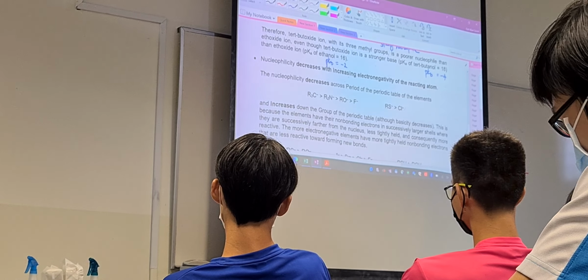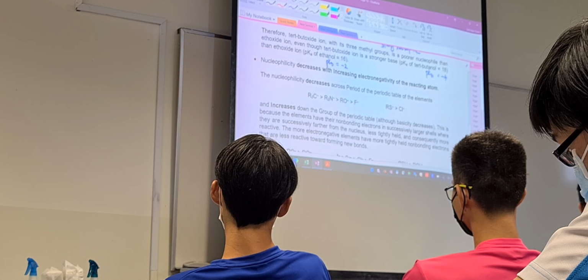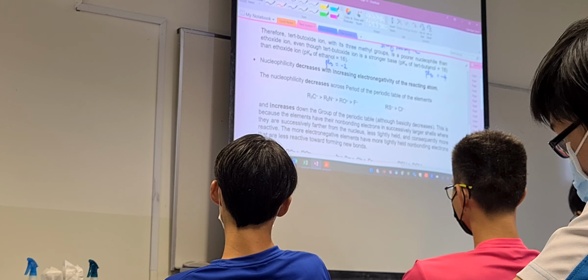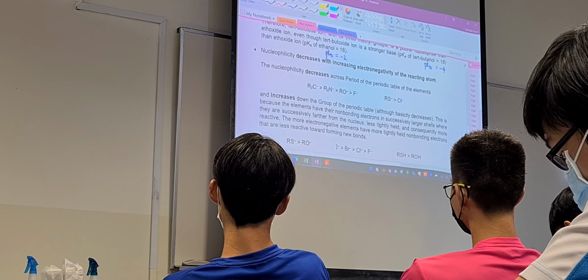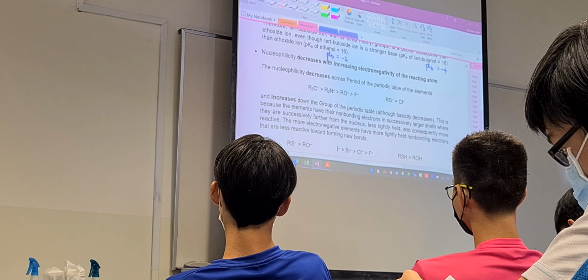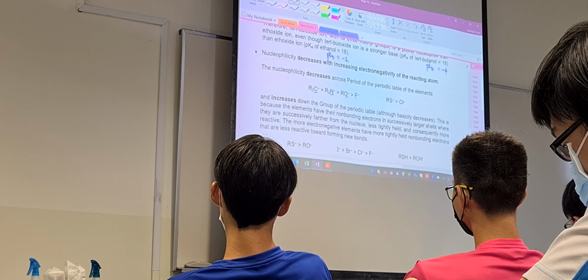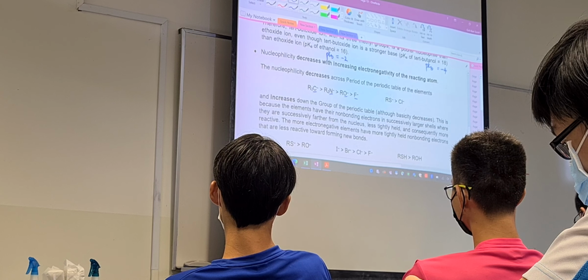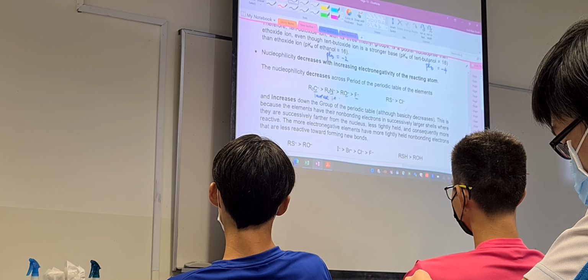Nucleophilicity can also be affected by electronegativity. For example, in this case here on the left, just observe the carbon, nitrogen, oxygen, and fluorine. There's an increase in electronegativity.